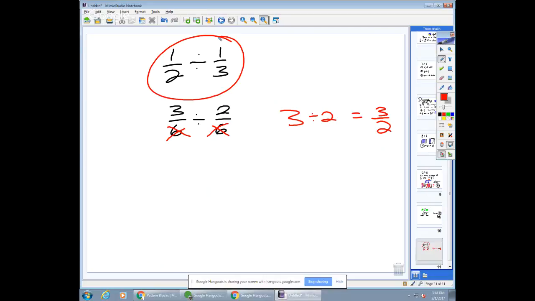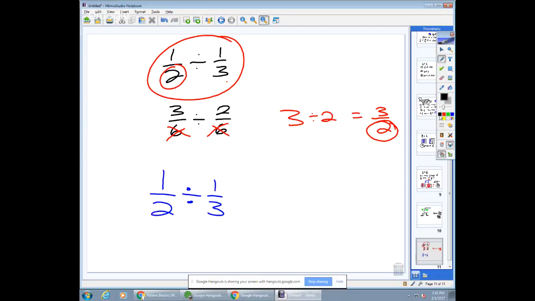Now, interesting things about this. The 2 here stayed where it was in the answer. The 3, on the other hand, got thrown up into the numerator. And so there is an arrow algorithm going on here, and it's kind of cute. 1/2 divided by 1/3.